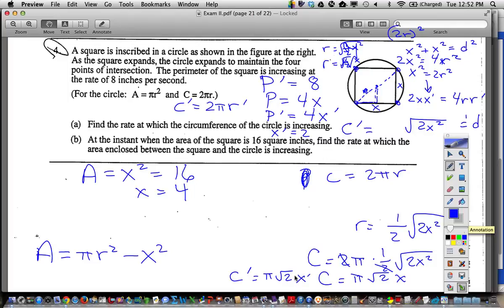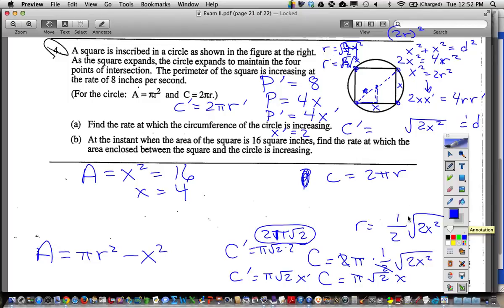And then you're saying put the 2 in for that. P prime is 8, so x prime is 2, which we had here. We'd have pi square root of 2 times 2, or 2 pi square root of 2, which I think is correct. I'm still lost about R.